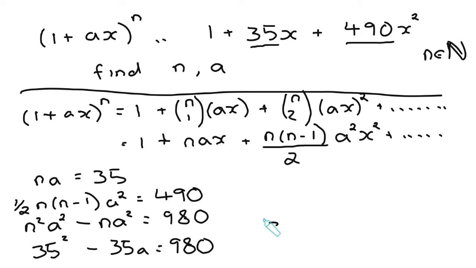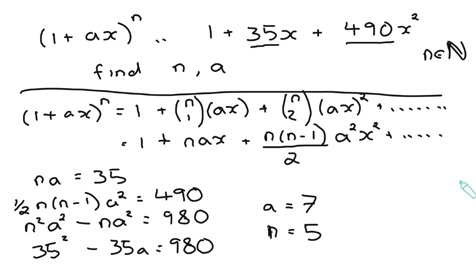And you should find you get the answers that a equals 7 and n equals 5. So obviously when you work out that a is 7 from this, you can put a back in here, and get the answer n is 5.